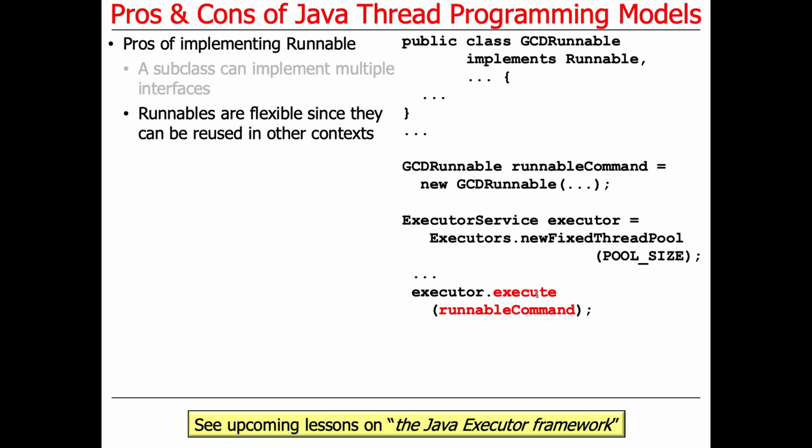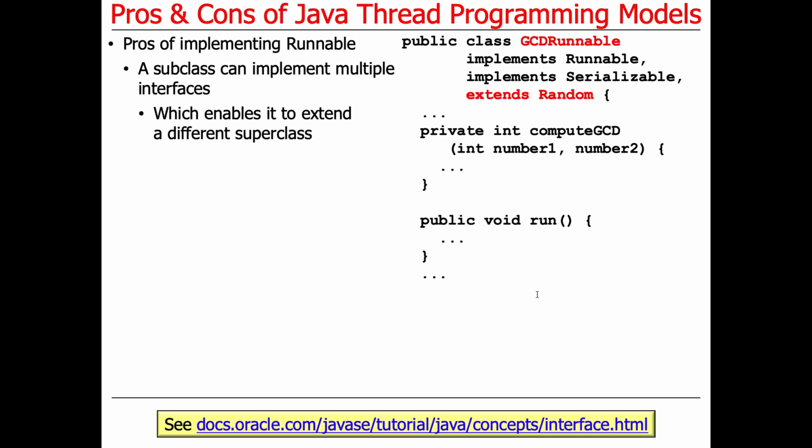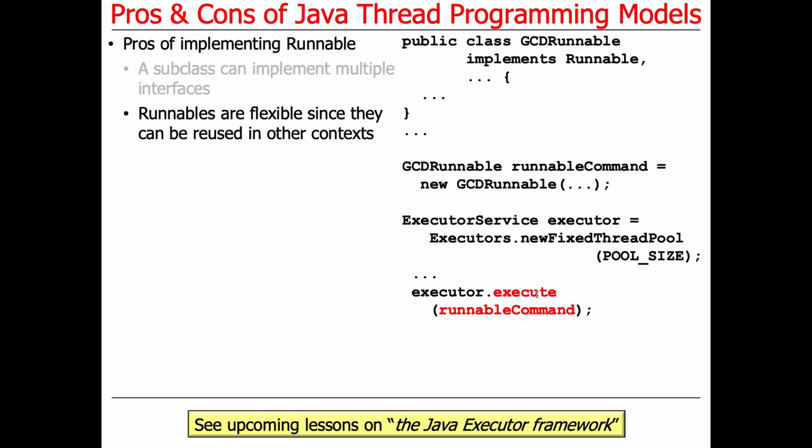Runnables are also more flexible because we can use them in other contexts. They're not just limited to being passed as the parameter of the Thread constructor. Here's an example. We'll talk more about this example in detail later. We have our GCD Runnable, which implements Runnable like we did here. Then we make an instance of GCD Runnable, which we call runnable command.